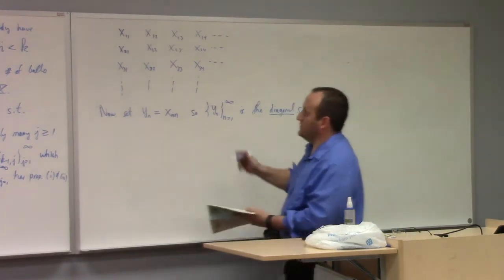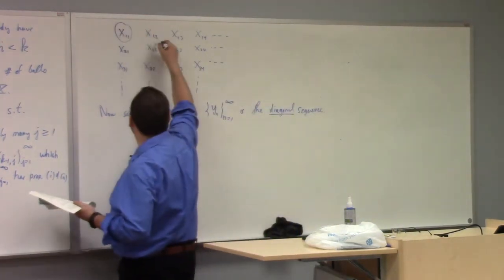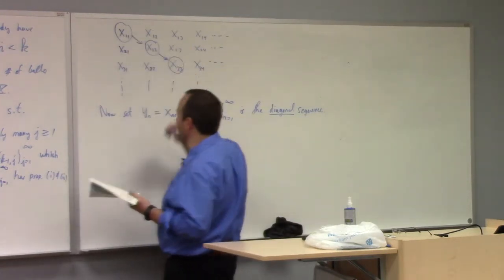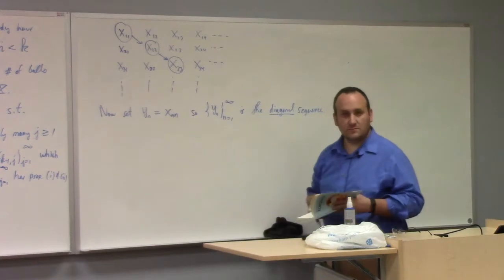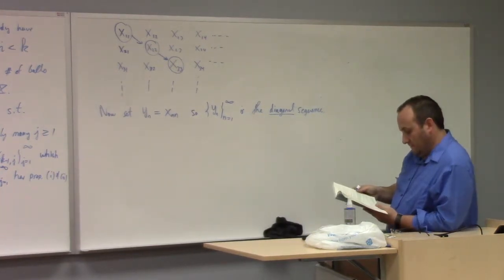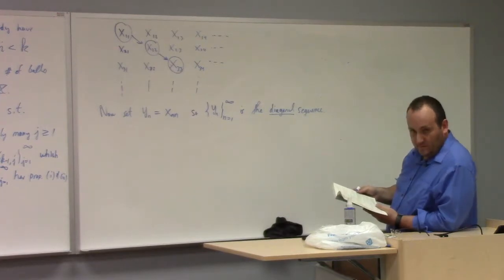And then he draws, he's like, see it? Yes, I can see it's a diagonal. Very good. That's y1, y2, y3. He says it is a subsequence of the original sequence.